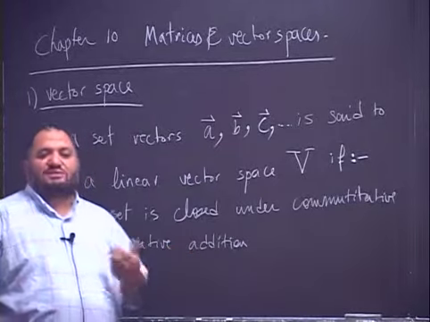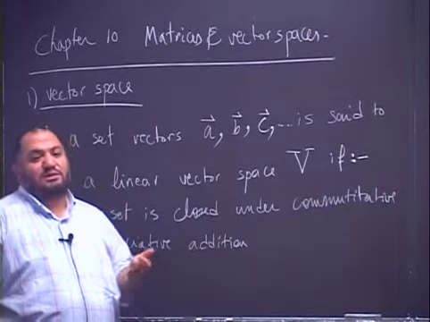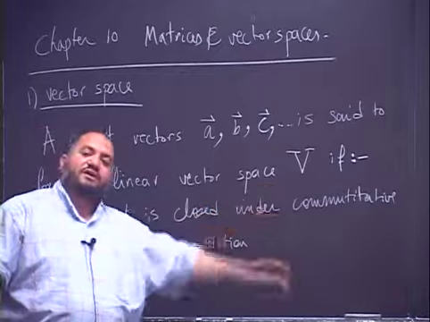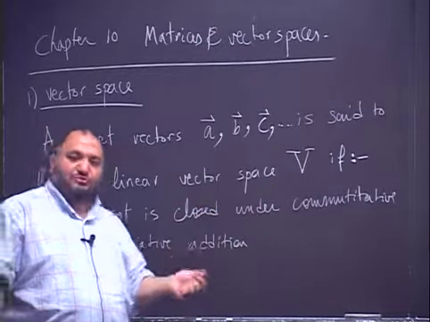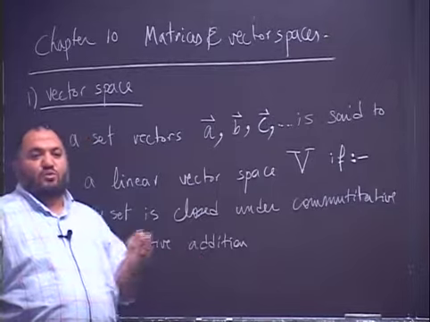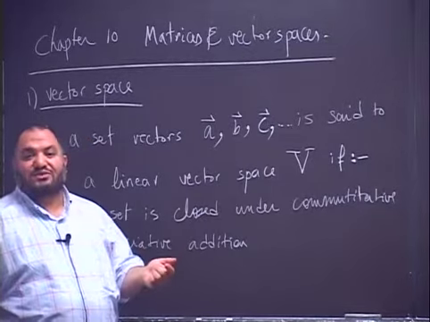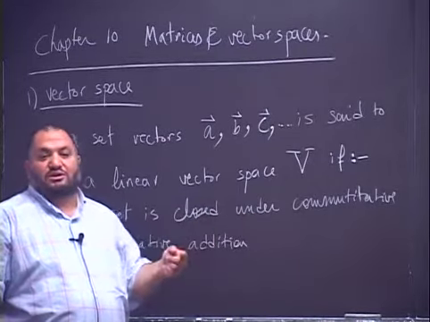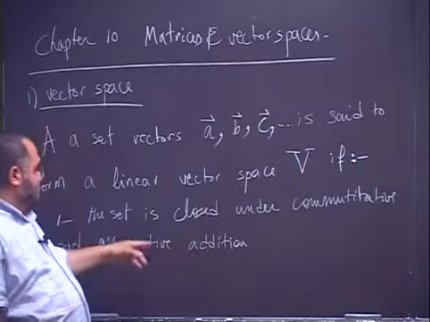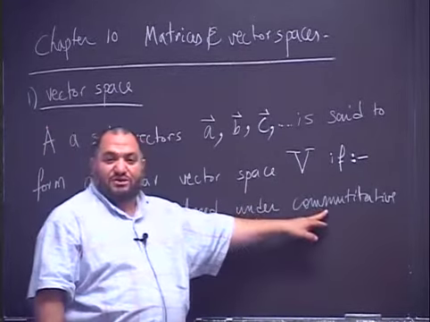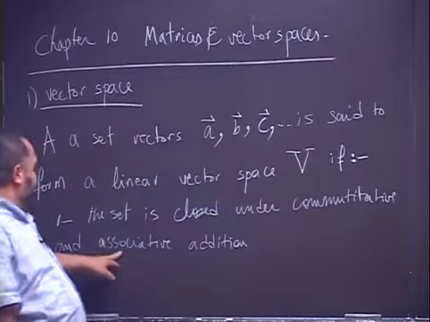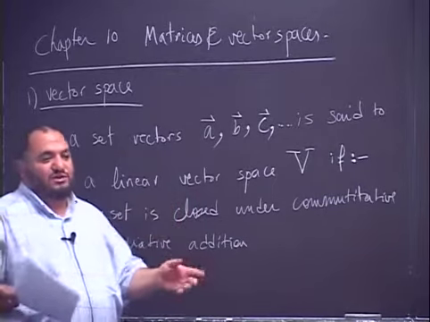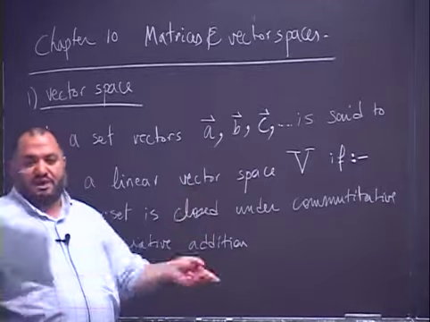Let's assume that we define the set of all integers: 1, 2, 3, 4, 5, 6, 7, 8, 9, up to infinity. If you do addition over those numbers, 1 plus 2 is what? 3. 3 is in itself an element inside the set that contains all the integers. In this case, the addition is commutative, 1 plus 2 is 2 plus 1, and is associative, 1 plus (3 plus 4) is equal to (1 plus 3) plus 4.